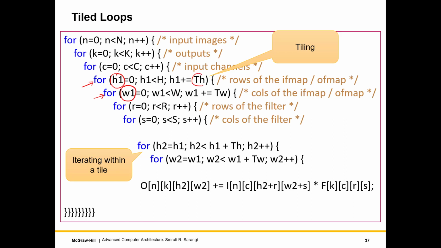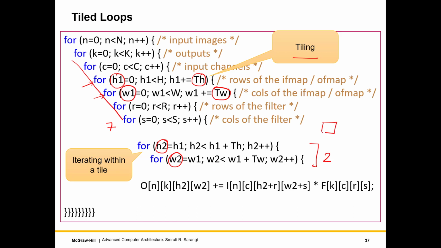In this case, they increase in every iteration by the tile size, which is th and tw. We'll see that there are some advantages of doing this classic tiling. Along with these 7 loops, we add two more loops, which is why it's a 9 loop structure, where we introduce two more iterators h2 and w2 to move within these tiles. So there are advantages in the sense that we are considering a tile, and for a tile, we are finishing its operations.